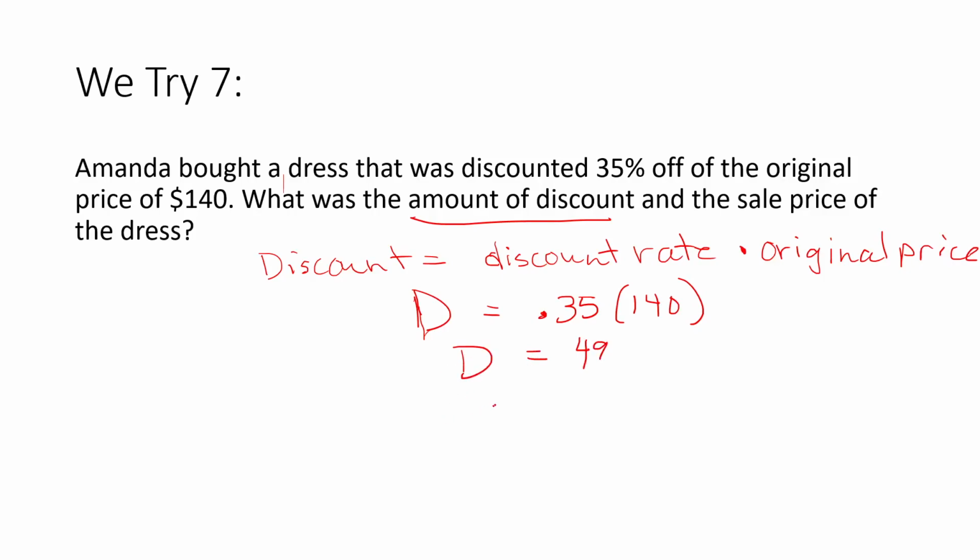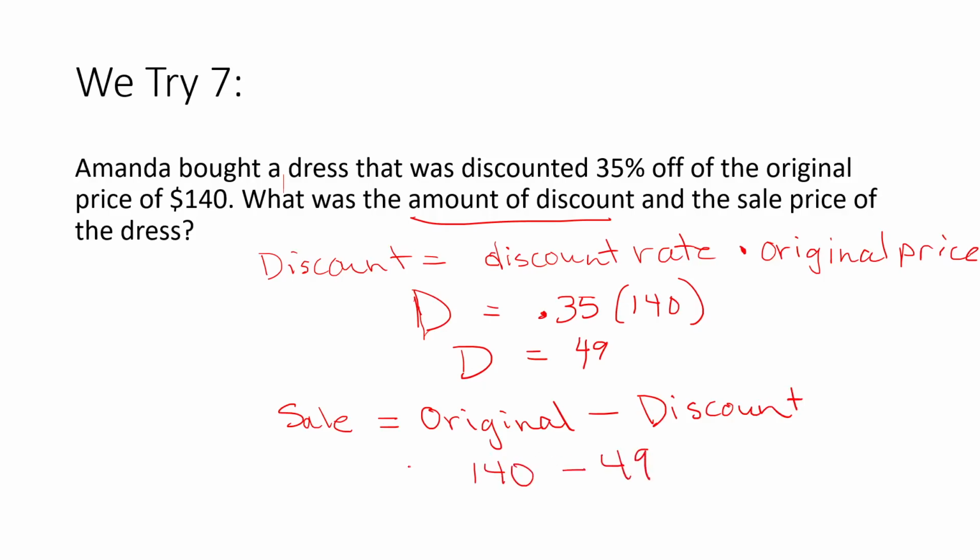Excellent. So what was the sale price? Well, then once we get to the register, they will find the sale price by taking the original and subtracting the discount. So the original was 140, and we subtract off the 49 from the discount.